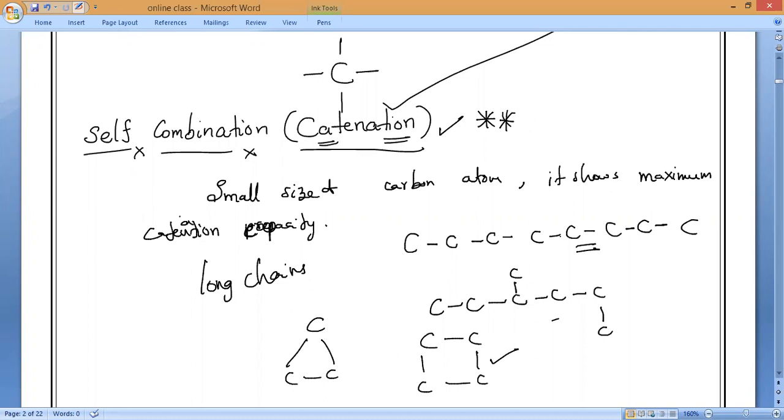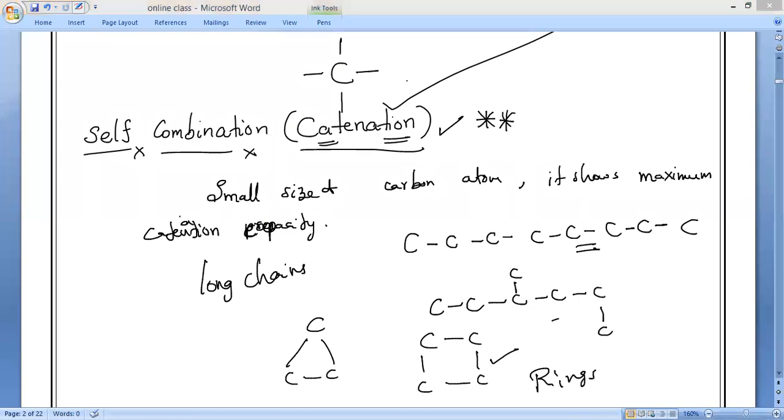In future classes, we will study straight chain compounds, branched chain compounds, and ring compounds. Okay, everyone? Are you all understanding? The ring structure, that is what I am saying, Kevin. Due to this only, carbon will form millions of compounds because of this property, catenation.